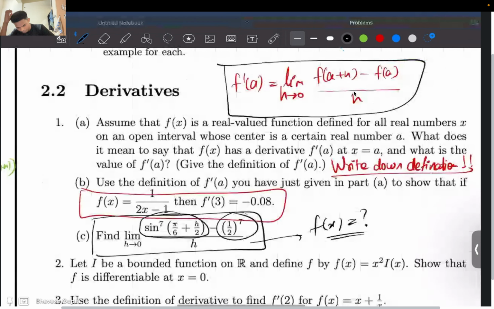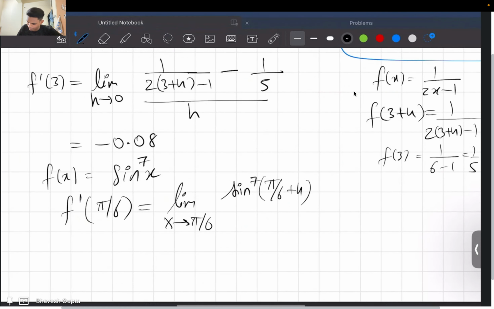They have taken h by 2, right? Oh, I can do this as well. I can multiply and divide by 2. Yeah, definitely there is h by 2 here. Sine of pi by 6, 7. There is h, right? And multiply by 2 and divide by 2.